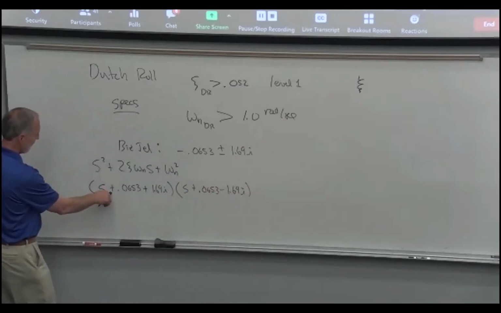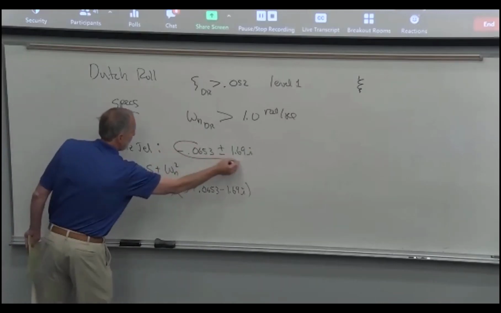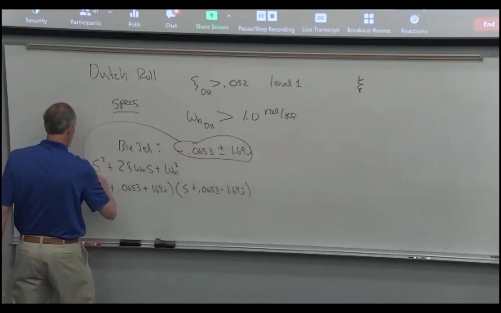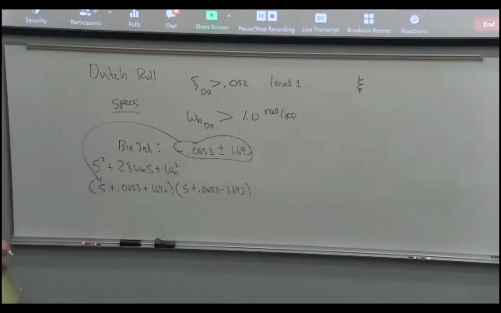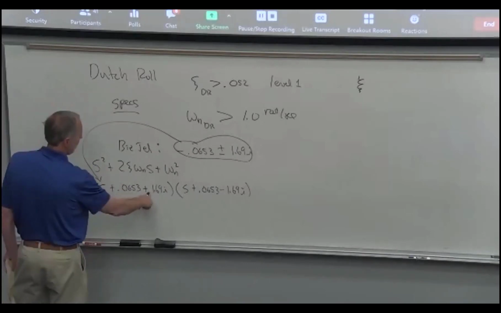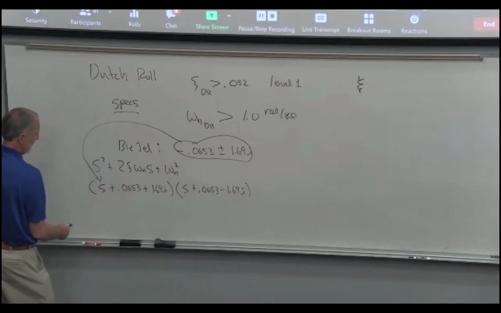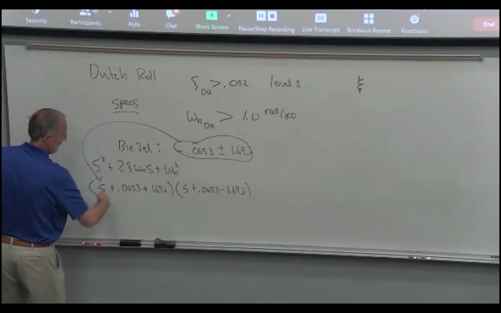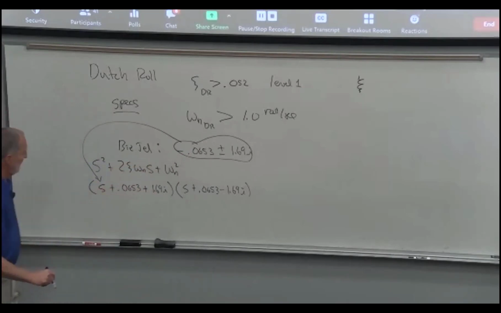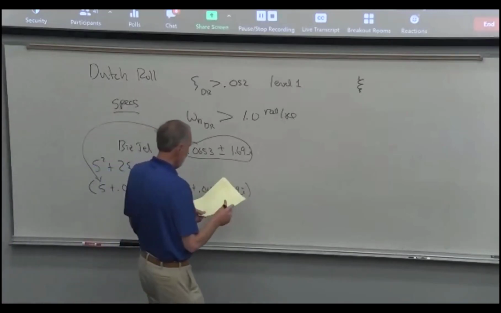And why do we flip the sign on it? It's because a root is a value of s that, if we stick it in for s, makes it 0. So this is the opposite sign of the actual root, because a root is a value of s that makes this 0. And so you have to multiply all that out.